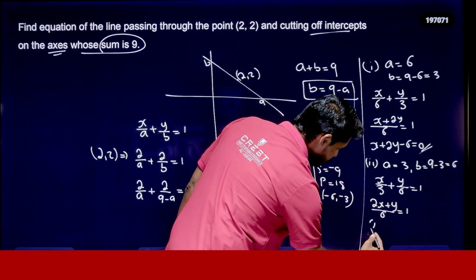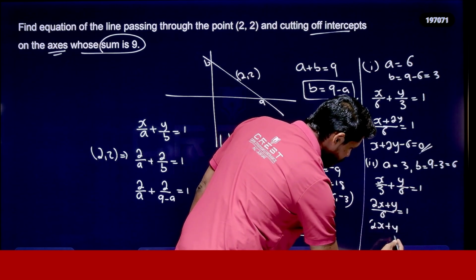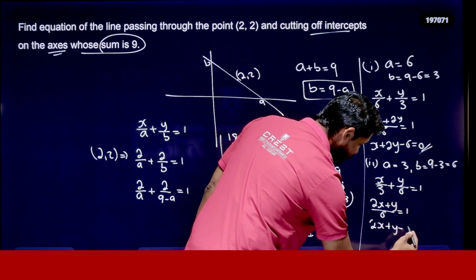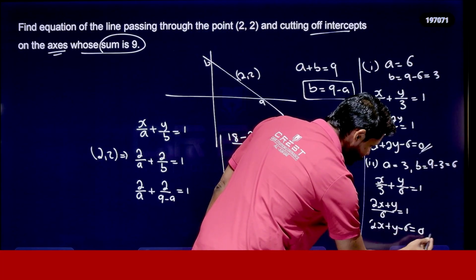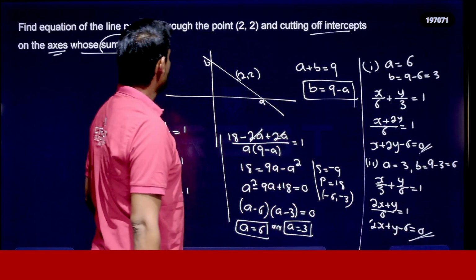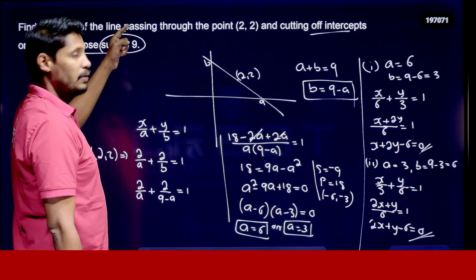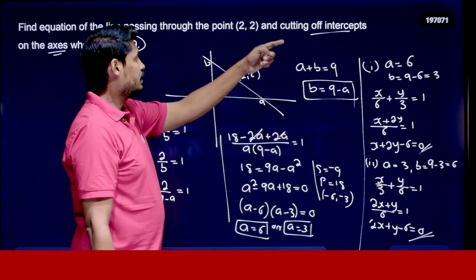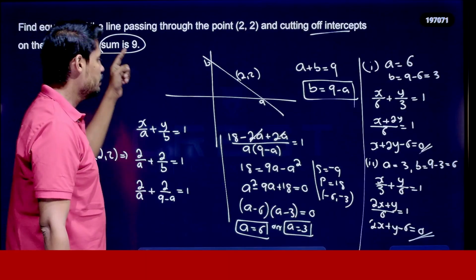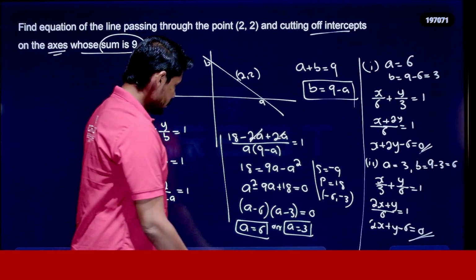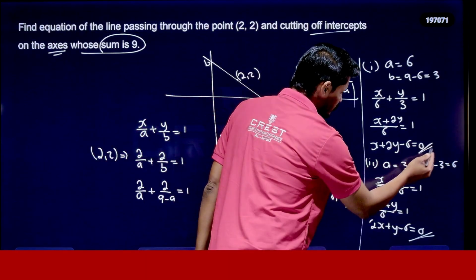That is, 2x plus y equal to 6, and bringing this to the left side, you get 2x plus y minus 6 equal to 0. These are the equations of the line which is passing through (2, 2) and cutting off intercepts on the axes whose sum is 9. These are the two equations.